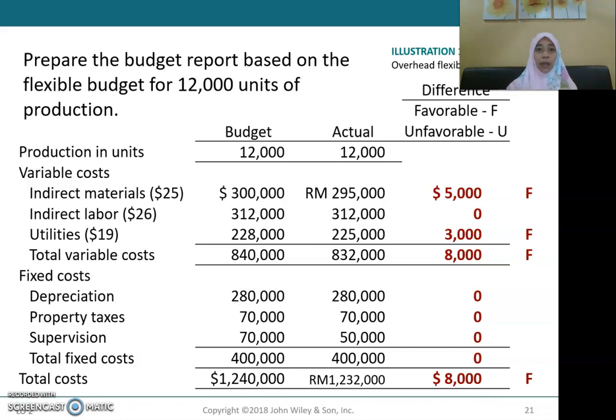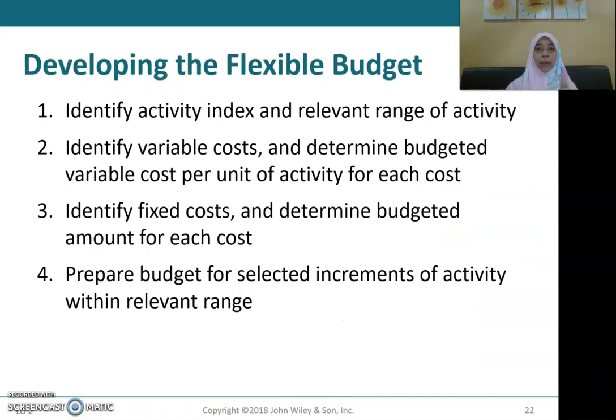So this is how you prepare the flexible budget. And if you see here, when you want to develop the flexible budget, the steps will be: you need to identify the activity index or the relevant range of activity, in this case from 10,000 to 12,000.